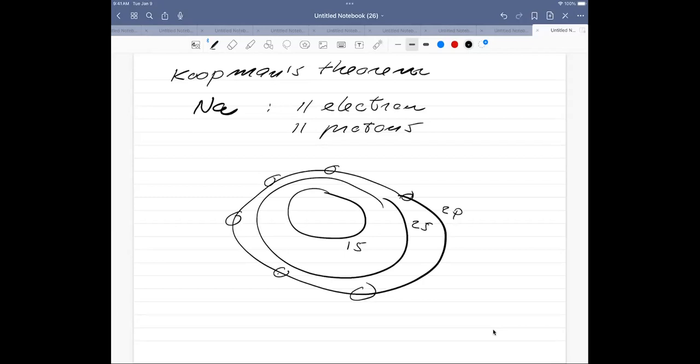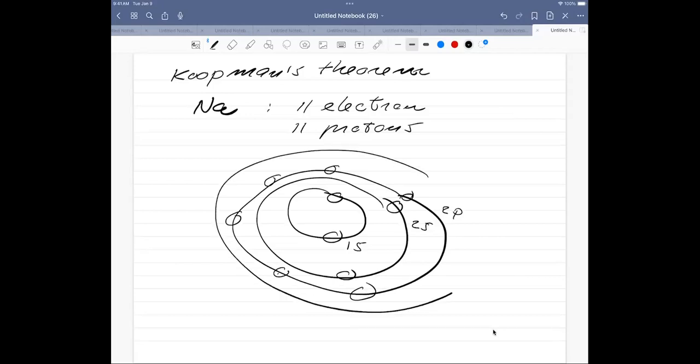And then you have 2 in the 1s, the inner orbit, and then you have 2 in the 2s orbit. That would make up a model for the noble gas neon. But then you have an additional electron, which is assumed in this single particle picture to be in the 3s. Sorry, not that one. This is a 3s state.